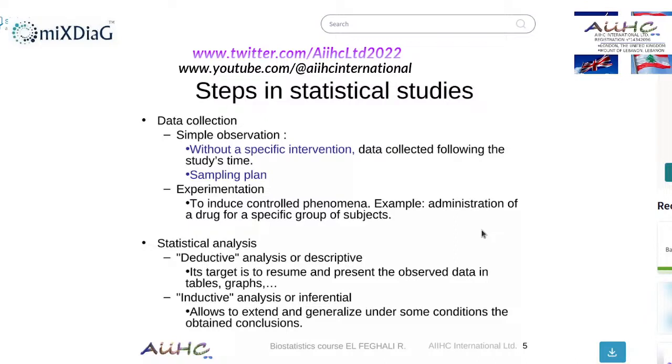And here we'll make the study and we'll put this hypothesis, and we try to validate it. So we call it inductive analysis or inferential, which allows to extend or generalize under some conditions the obtained conclusions, without having, let's say, a final answer.